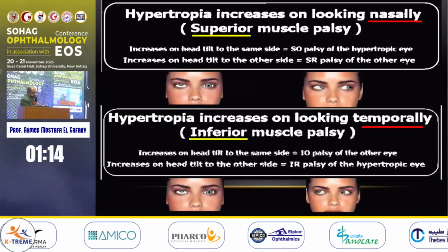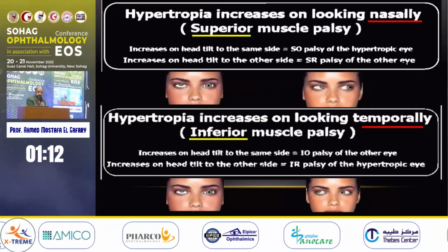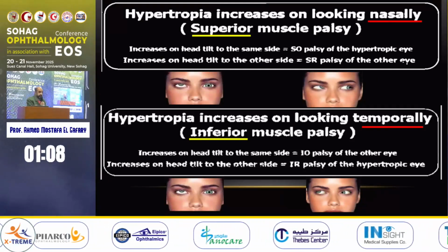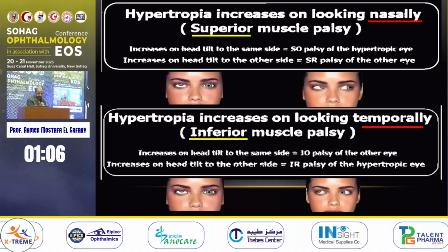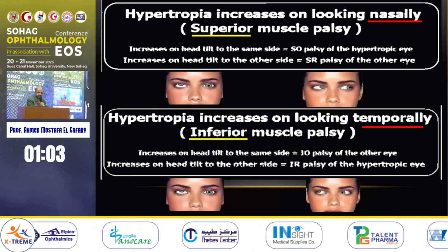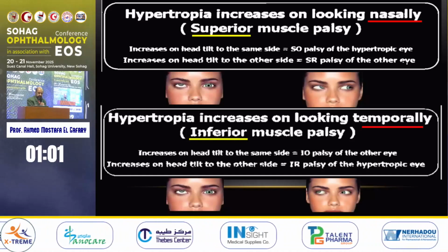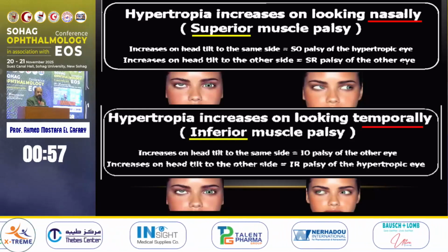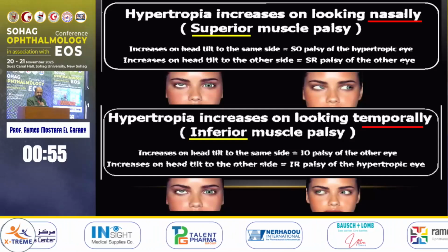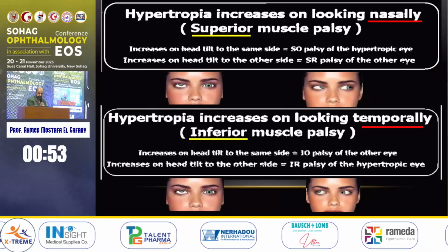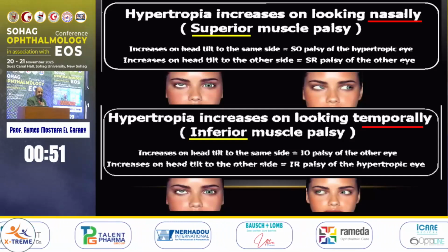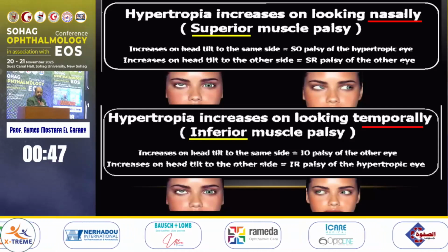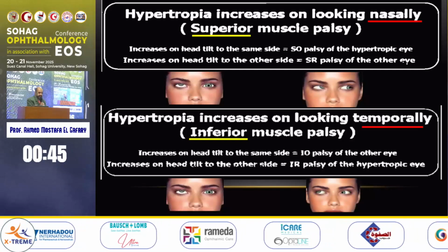Conclusion: if hypertropia increases on looking nasally, this is superior muscle palsy. If hypertropia increases on looking temporally, this is inferior muscle palsy. If hypertropia increases on looking nasally and increases with head tilt to the same side, it is superior oblique palsy of the hypertropic, the same eye.